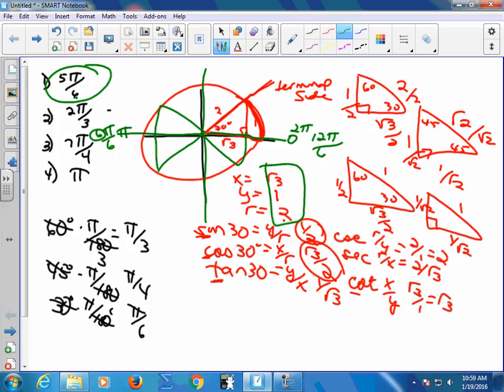So as I come around, I stop short. I want 5 pi. It's 1 short of 6 pi. This is my 5 pi over 6. From here to here, I stop short of 6, so I'm at 5 pi over 6. I have the same reference angle, the same sides. However, I noticed x over here is positive or negative? My axis, is this a positive or negative x? Negative.